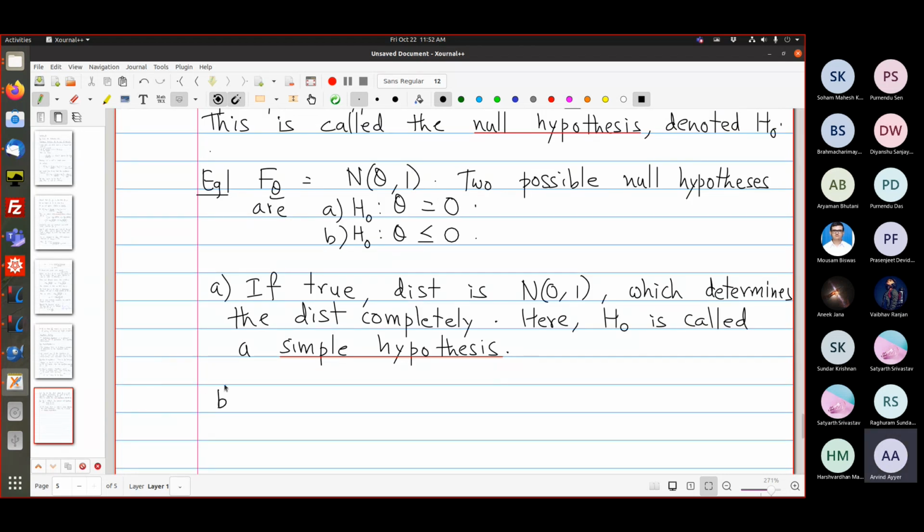And in the second case, if true, the distribution is N(theta, 1) with theta less than or equal to 0.